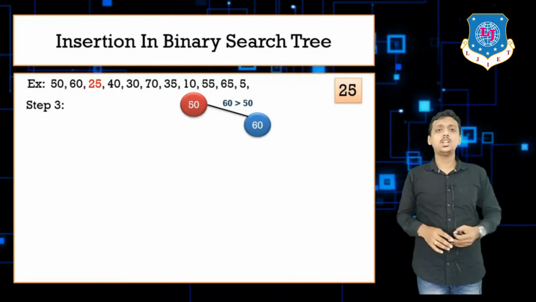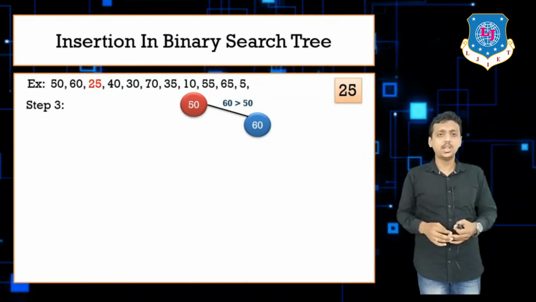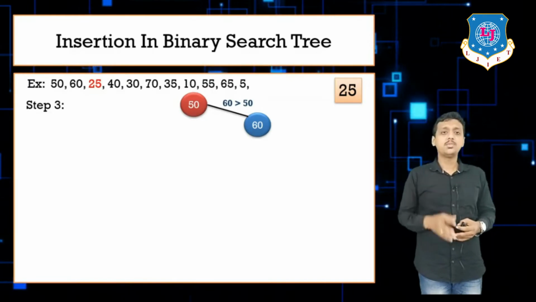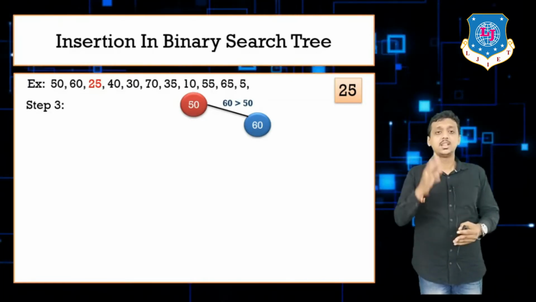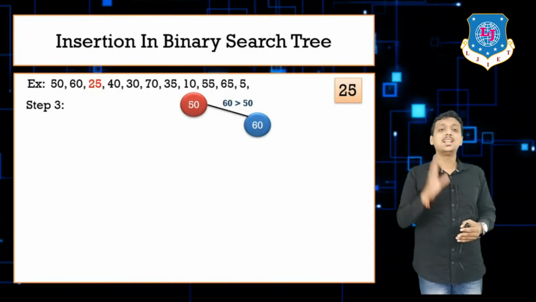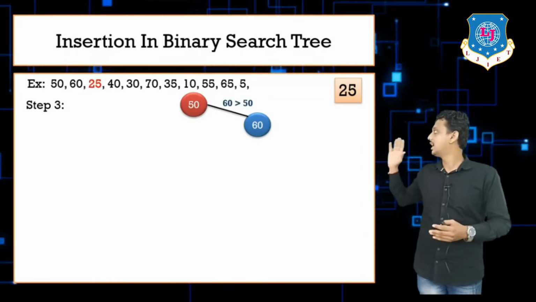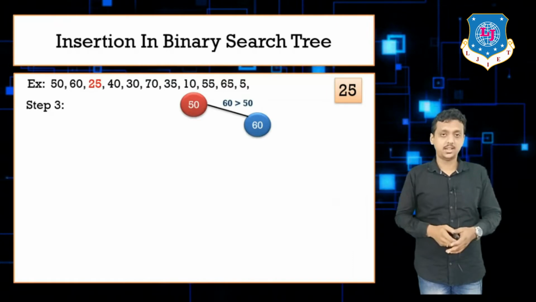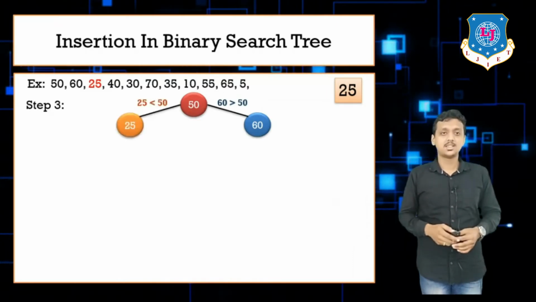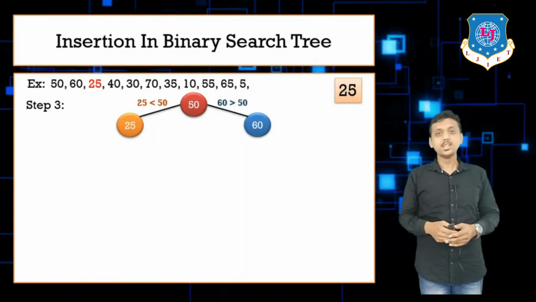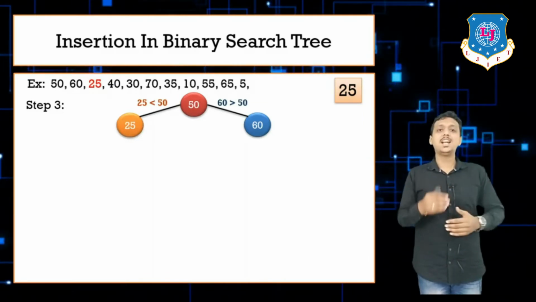Here in the root node we have value 50. So compare 25 with 50. Now tell me, is 25 less than or greater than 50? Obviously 25 is less than 50. So we need to insert 25 on the left side of 50, right? So here it is, 25 is on the left side of 50. Fine.